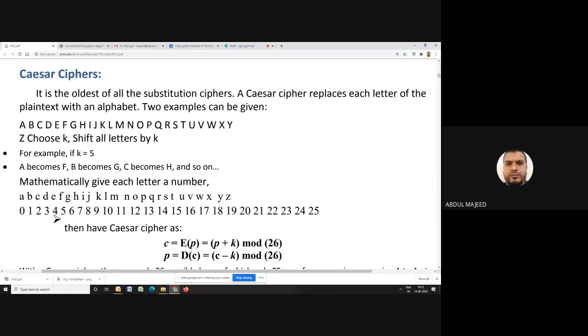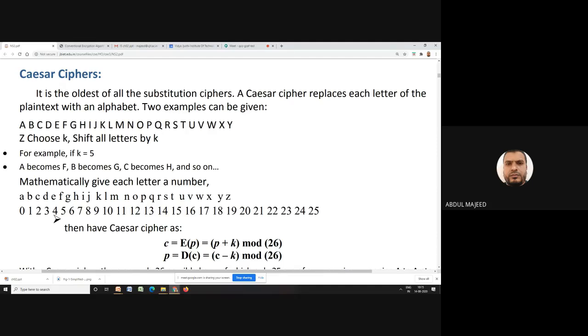Since there are 26 letters, the key size must be less than 26. From 1 to 25, you can take any number as the key size.